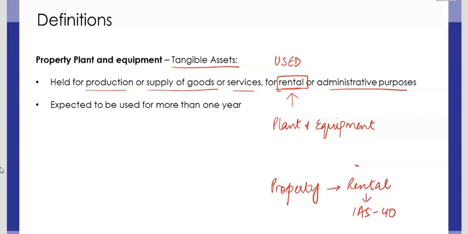So when there exists a particular standard on an item, it is excluded from the generic standard. So property which is held for rental purpose does not come under the scope of IAS 16, whereas plant and equipment which is held for rental purposes, that is going to be accounted for under IAS 16.